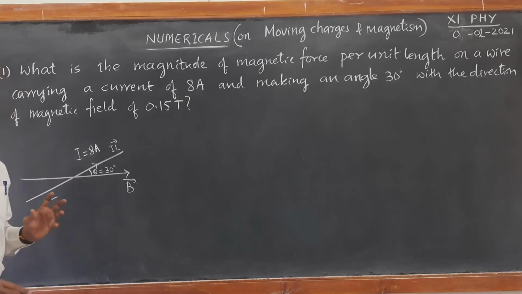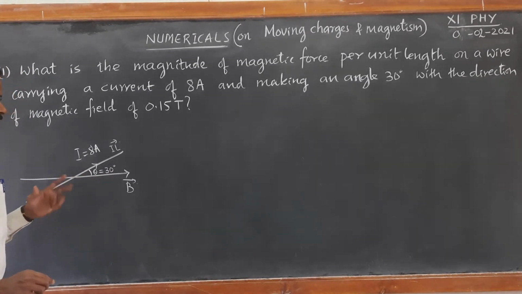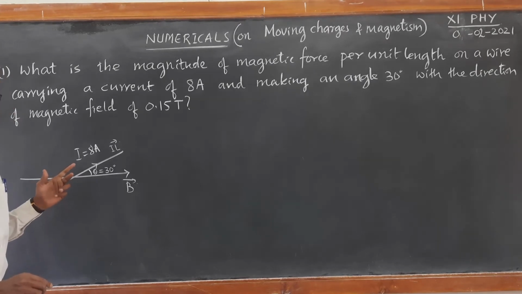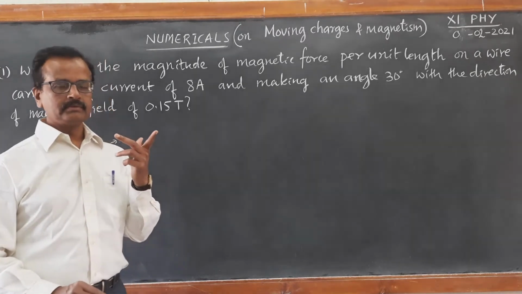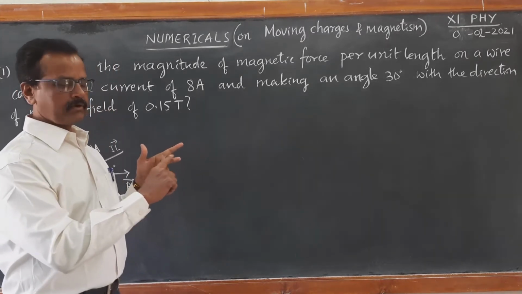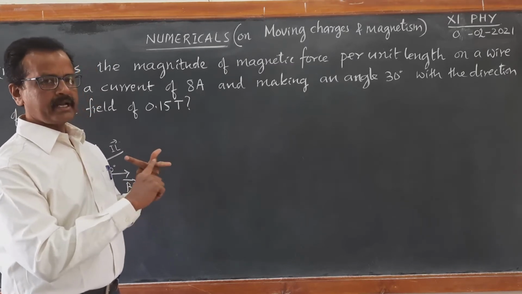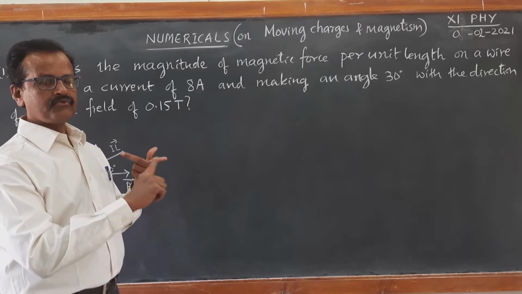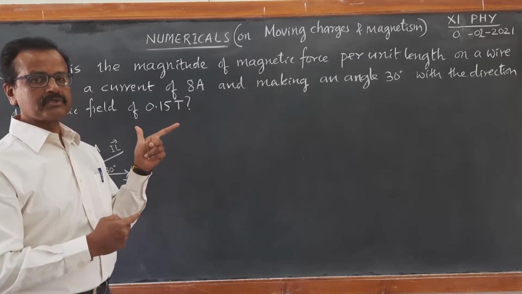Then what is the magnitude of magnetic force? It experiences a magnetic force IL cross B. So we can use Fleming's left hand rule. If the central finger shows the direction of the current, the forefinger shows the direction of field, then the thumb shows the direction of magnetic force, Lorentz force.